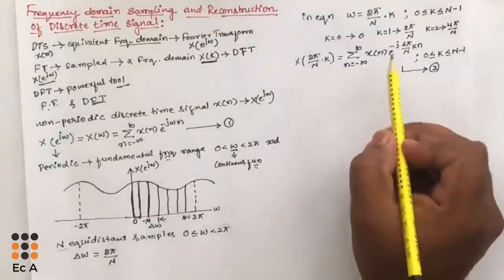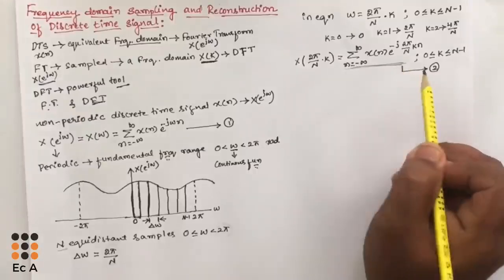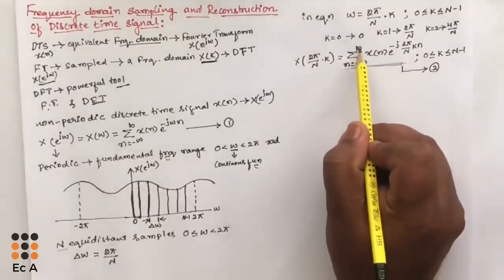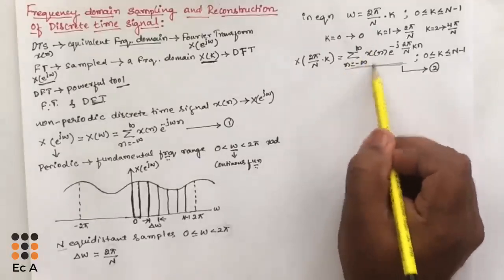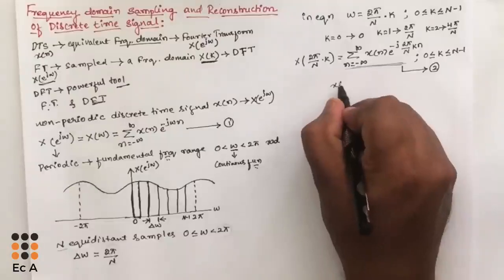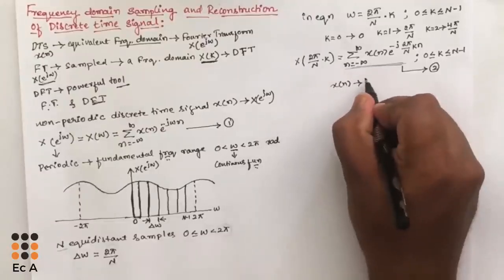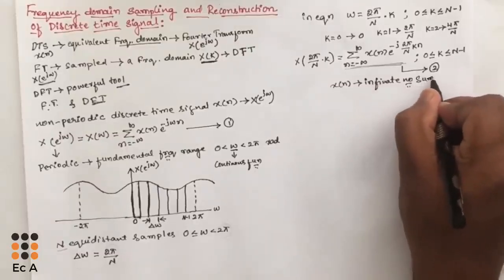If we observe this equation, this term represents the summation from minus infinity to infinity, which means it is having an infinite number of summations.